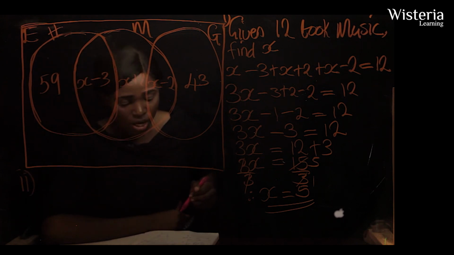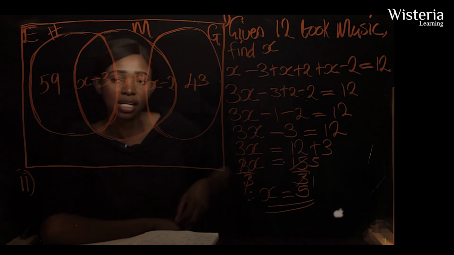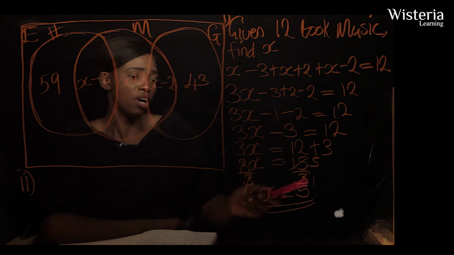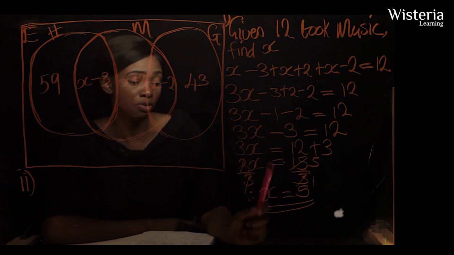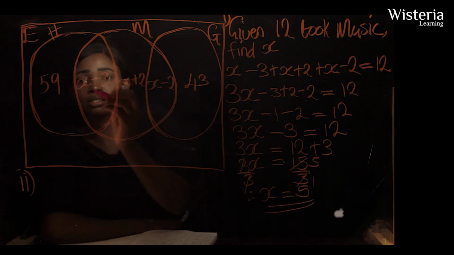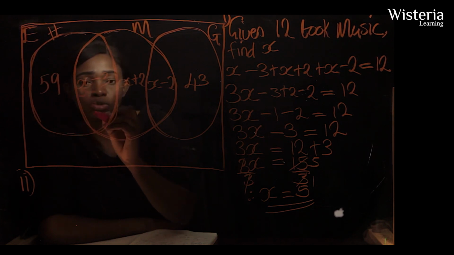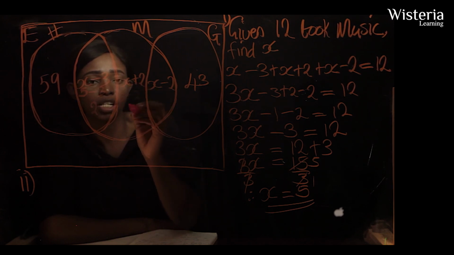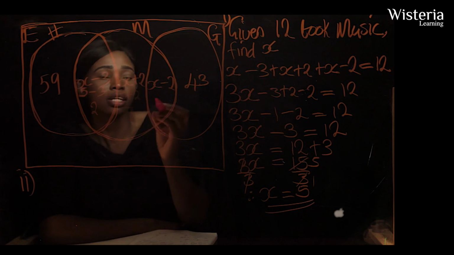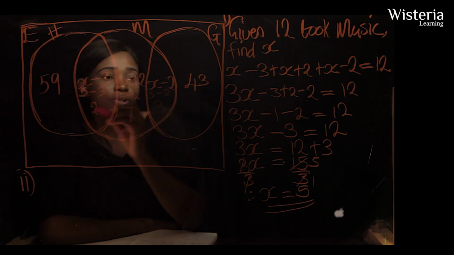Then the second question: how many learners were in grade 10 in this particular year? Since we know the value of X, wherever there is X we replace it with 5. So 5 minus 3 is 2. Then 5 plus 2 will be 7. Then 5 minus 2 will give us 3.